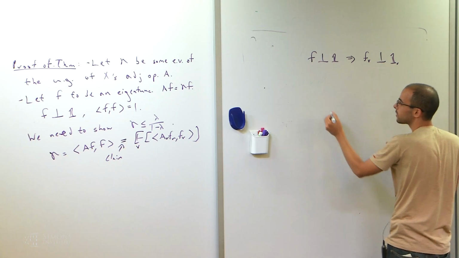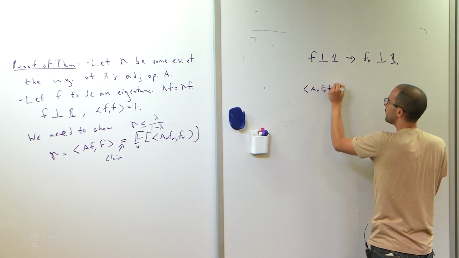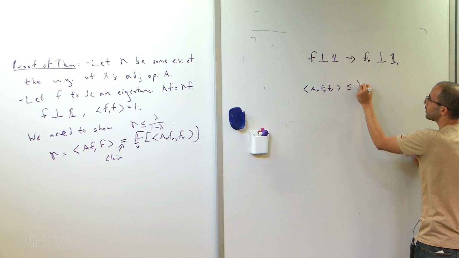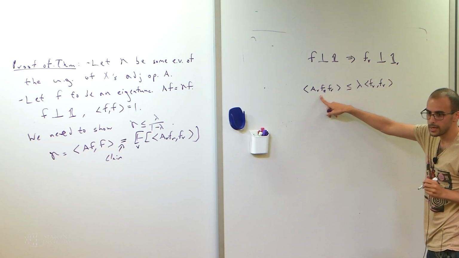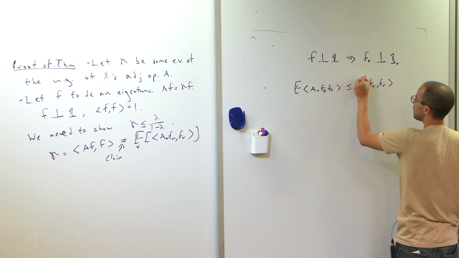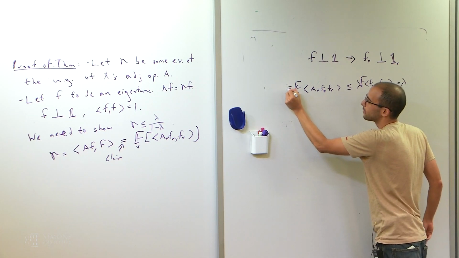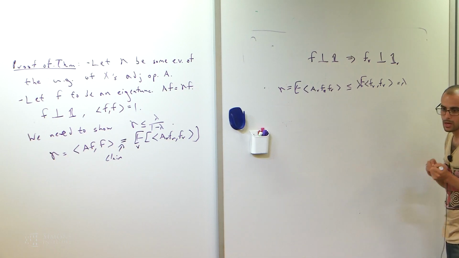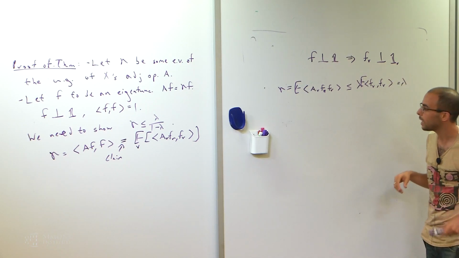We could say that AV FV inner product FV would be less or equal to lambda times FV inner product FV. And when I take expectation over this, it will be equal to lambda, and then we would get that gamma is less or equal to lambda. So if all these were perpendicular to the local all ones function, it would be great. Then I would prove the theorem, and then I would be happy.